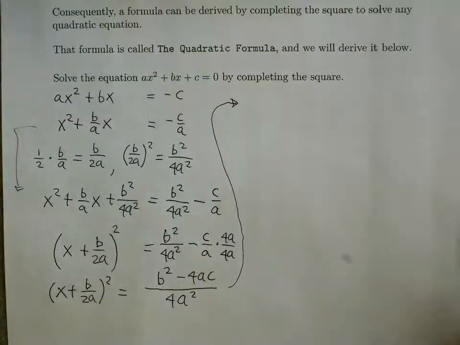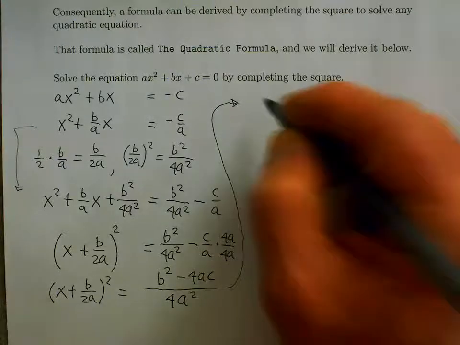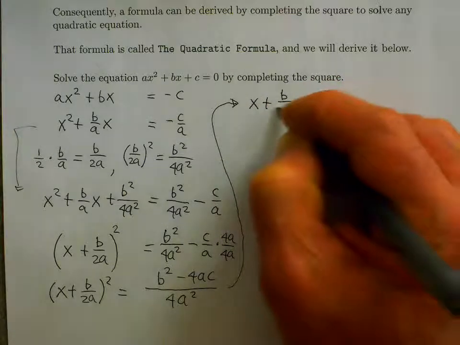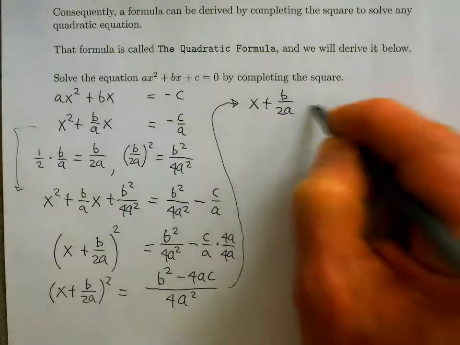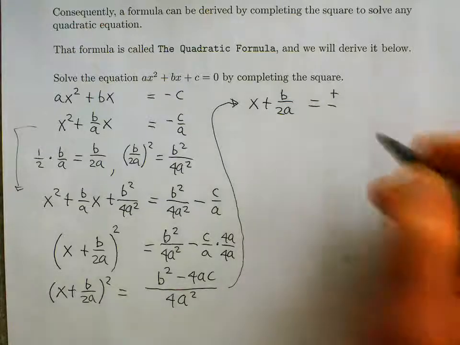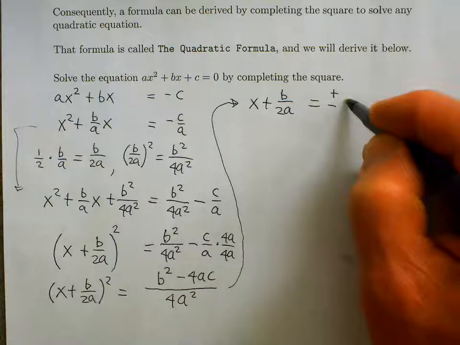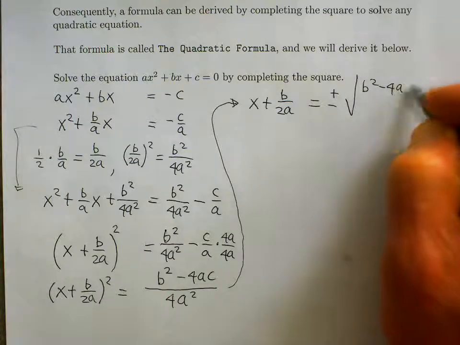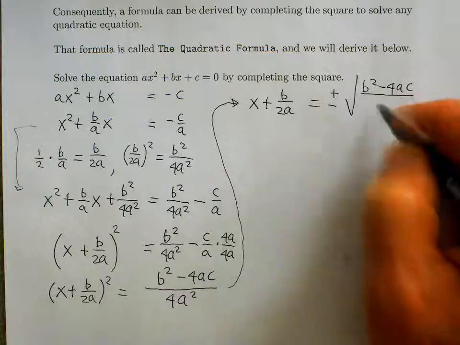So when we apply the square root property, the left-hand side is x plus b over 2a, and the right-hand side is positive and negative square root of b to the second minus 4ac divided by 4a to the second.